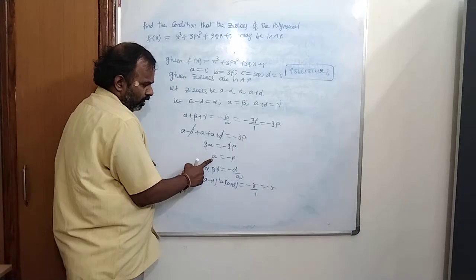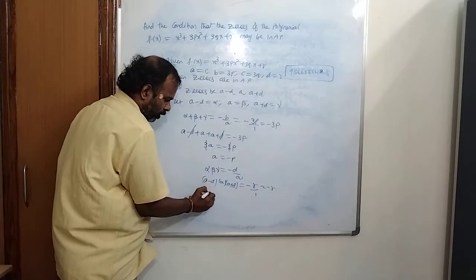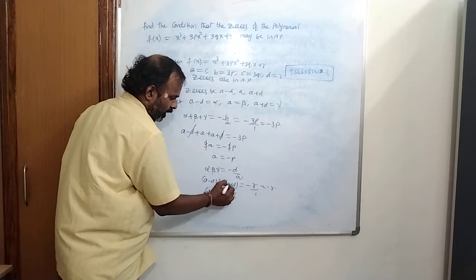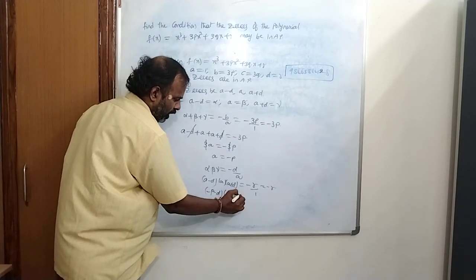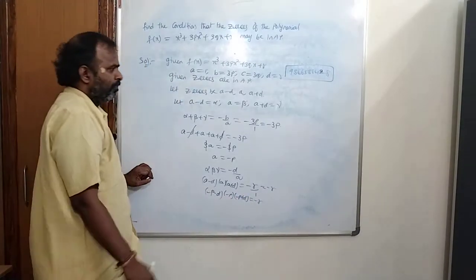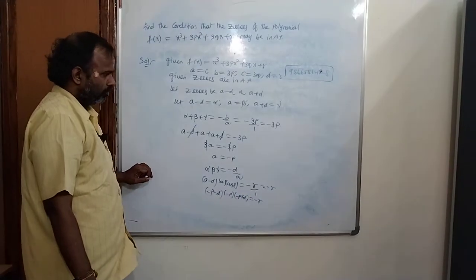Now already we got a as minus p, so minus p minus d into minus p into minus p plus d is equal to minus r.